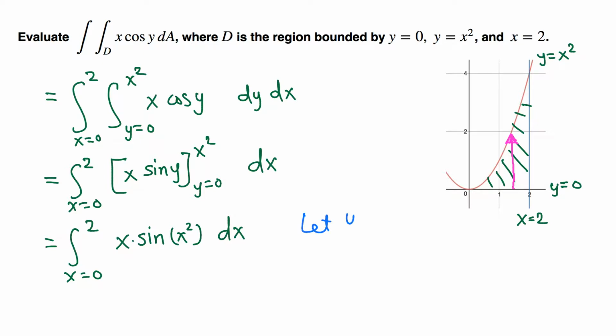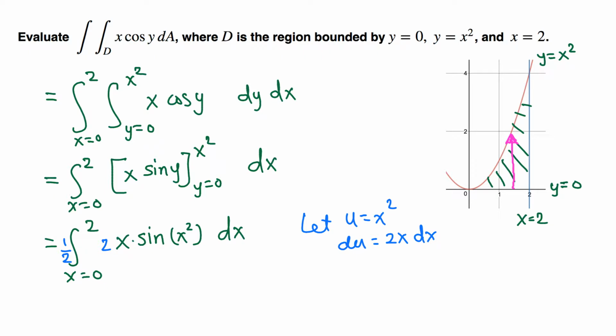Let u be x square, that means du equals 2x dx. We have two options, there is only x dx. We can always multiply by 2 and divide by 2, that makes 2x dx, that collectively du, and sine u.